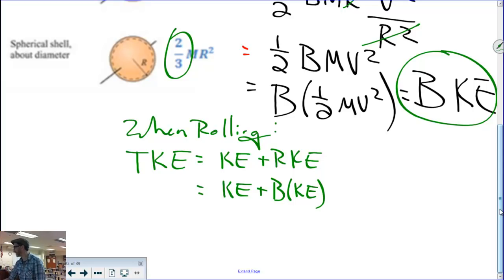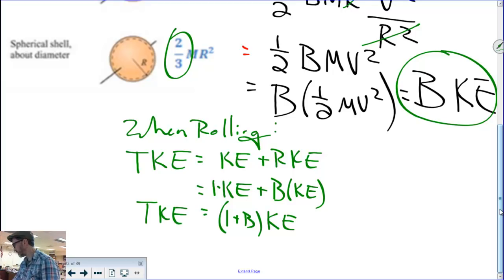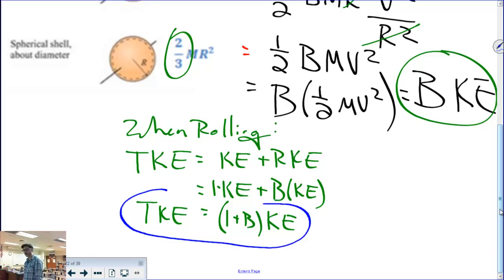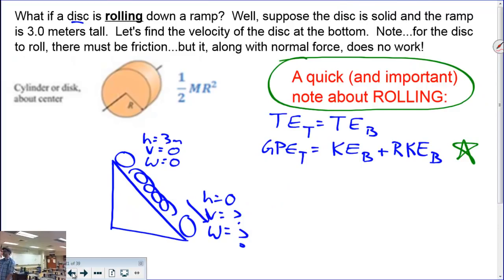If I put a 1 here, then this is 1 plus b times KE. So this is big. Anytime an object is rolling, the total kinetic energy is 1 plus b, where b is this fraction here, times the kinetic energy.